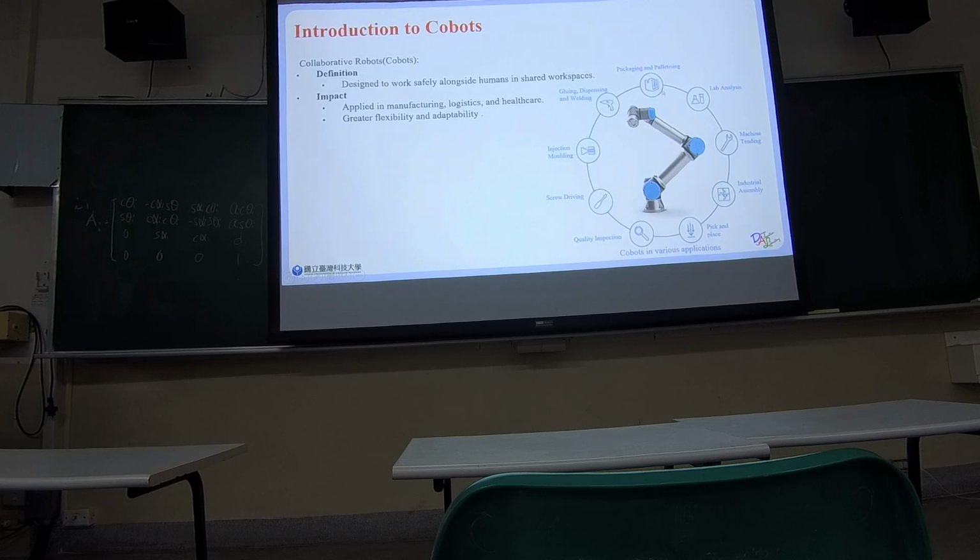Look at this. Packaging and palletizing. Cobots can efficiently handle packaging, arranging and stacking products onto pallets. They manage heavy or fragile items with precision and speed, enhancing the packaging process while minimizing manual handling risks. And then analysis.